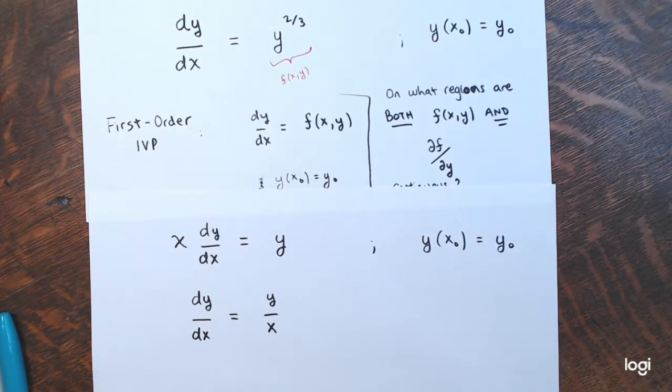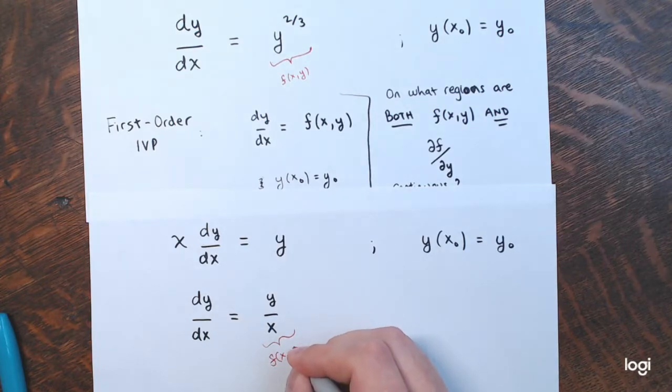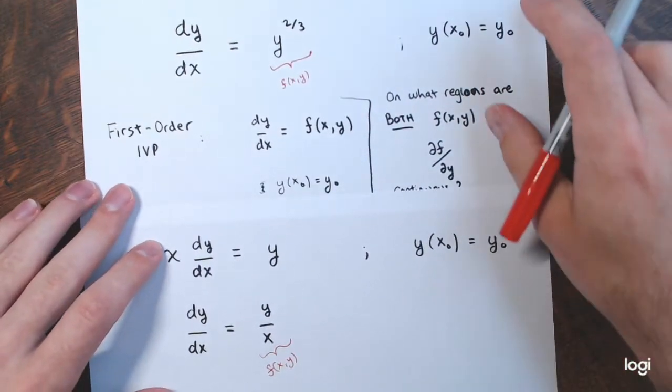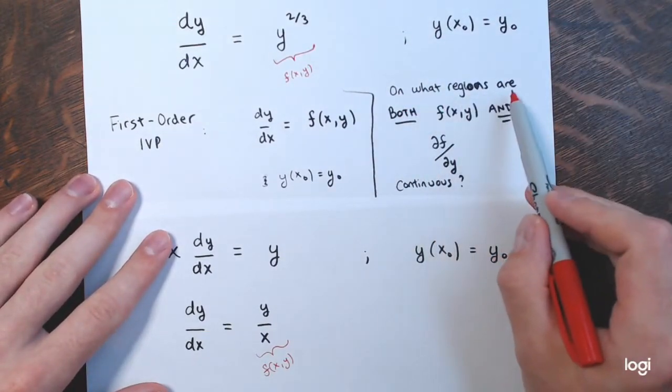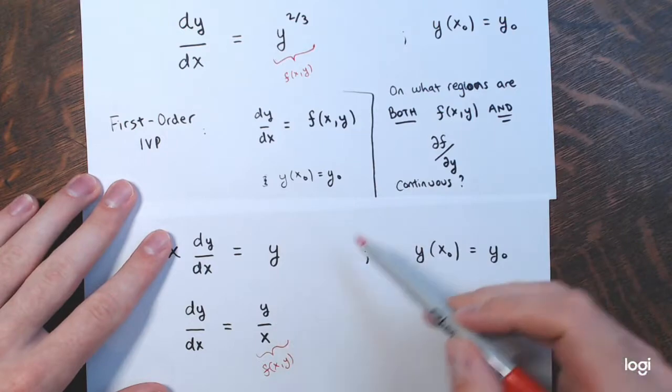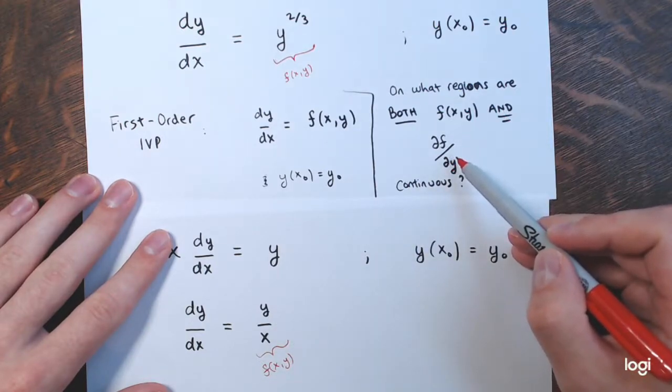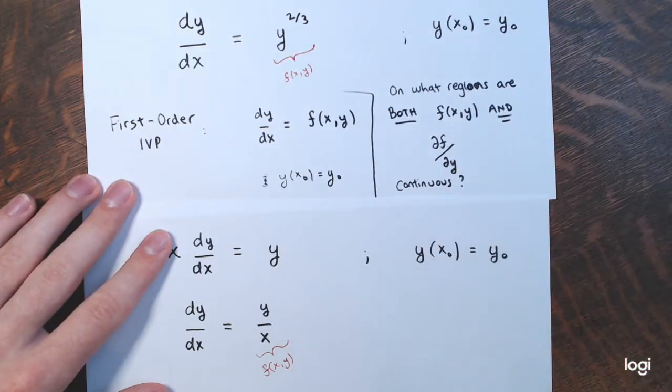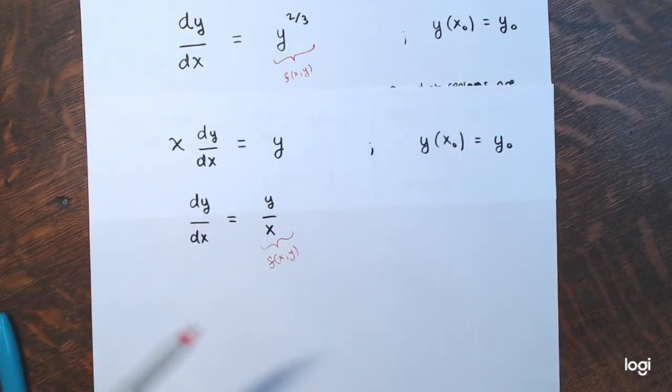And here, the f of xy, that function of x and y in question now, is y divided by x. And then again, the same question occurs: on what regions are both this and its partial derivative with respect to y continuous? So let's look.